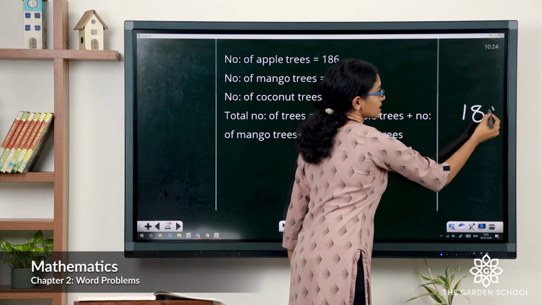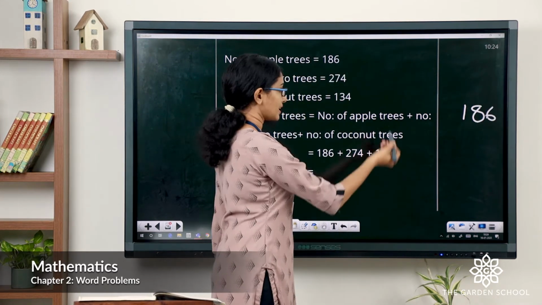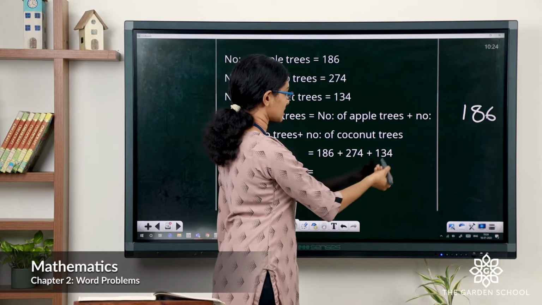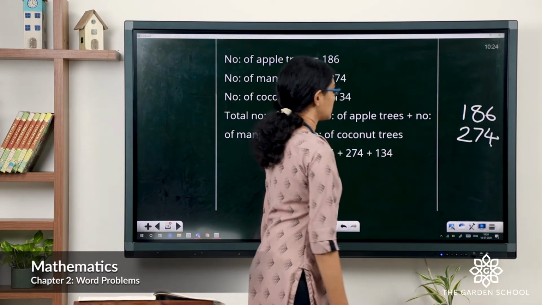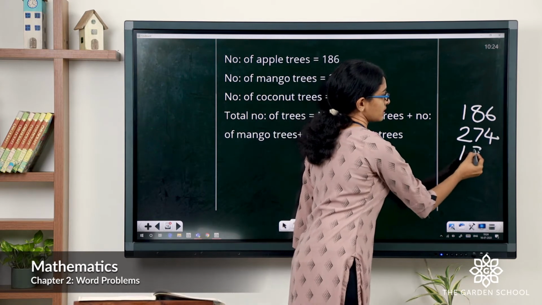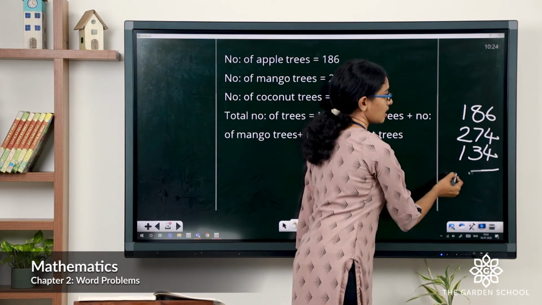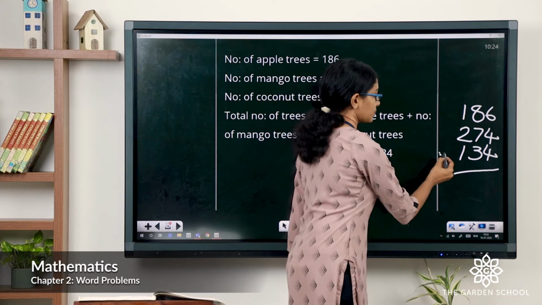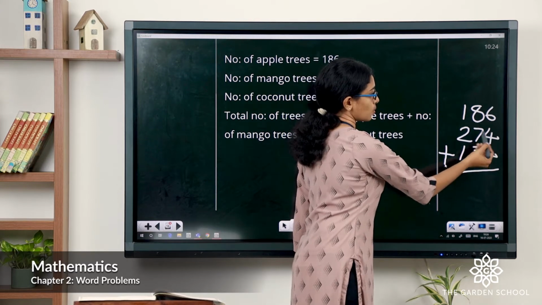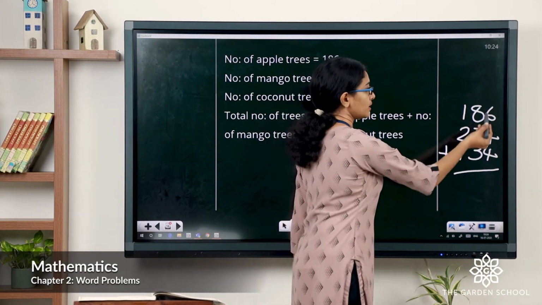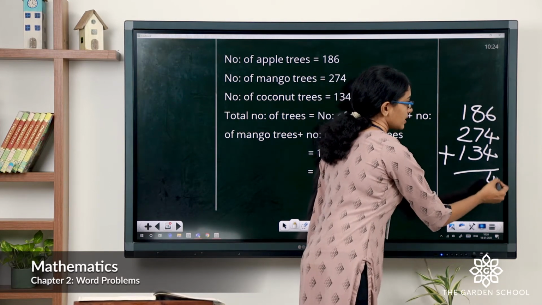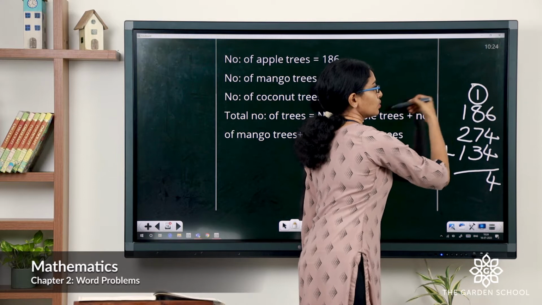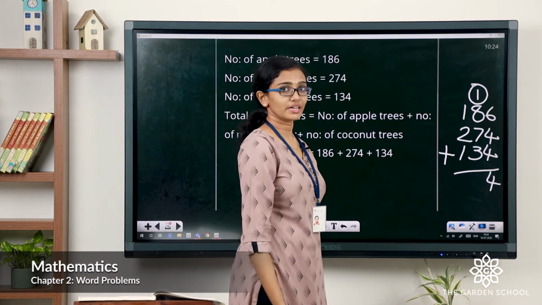How do we write that? Let's write all these numbers vertically, that is column wise. 186 plus 274 plus 134. How do we add all this? Let's start with the ones. 4 ones plus 4 ones, 8 ones plus 6 ones, it is 14 ones. So 4 comes here, 1 goes as the carryover to the tens place.